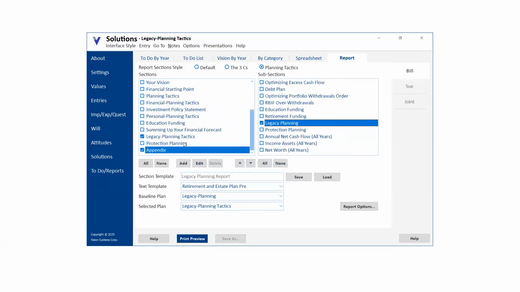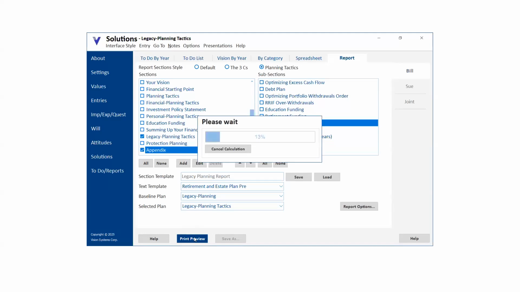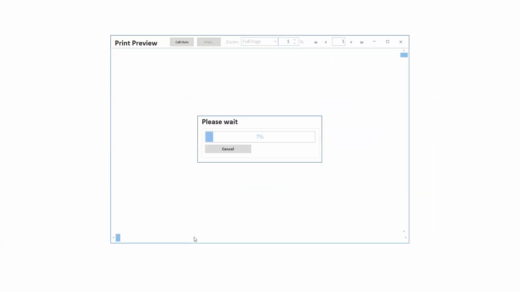And remember, the text can be edited by you so that you can replace our text with your text as a default, and then you can turn around and edit text on a client-by-client basis to personalize it. So let's click Print Preview, and we will just run through this focused legacy planning report.